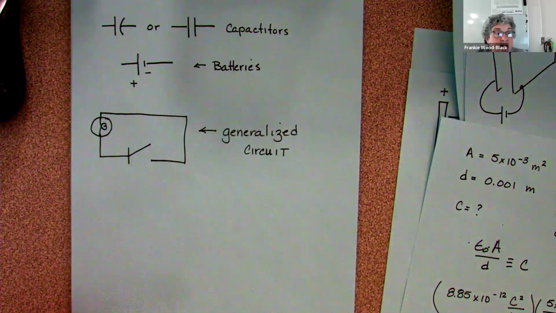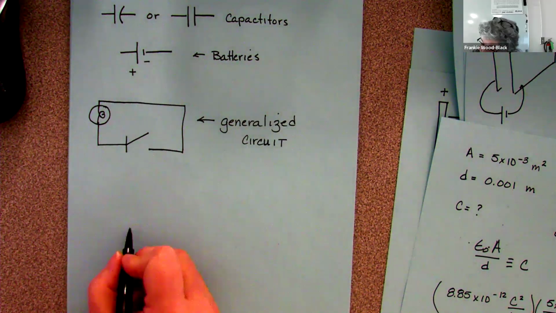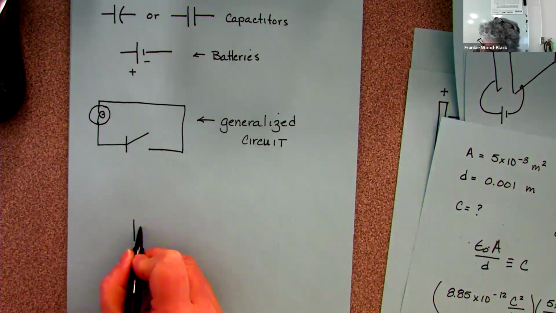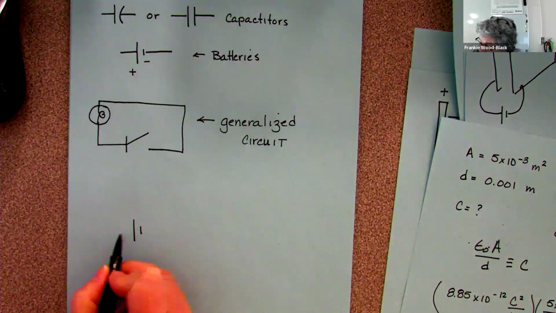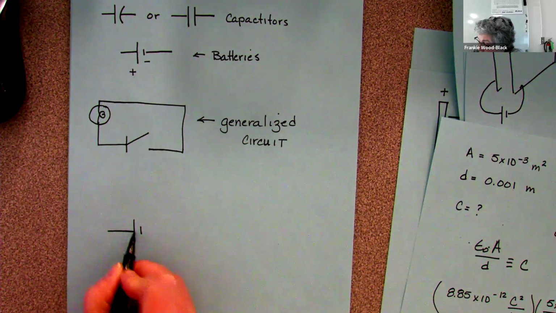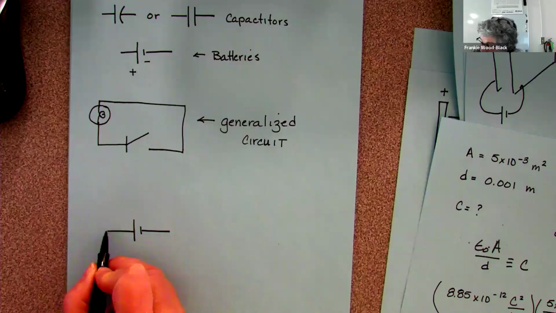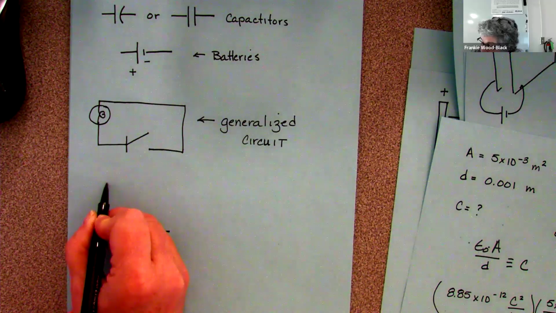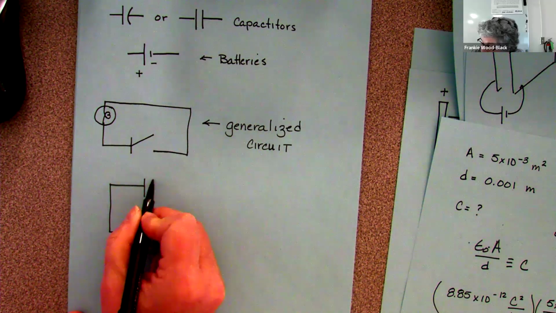Now, this is where Ben Franklin causes us all kinds of consternation, because now if I put my circuit in with our first device, this is my battery, and we're going to put it across a capacitor.